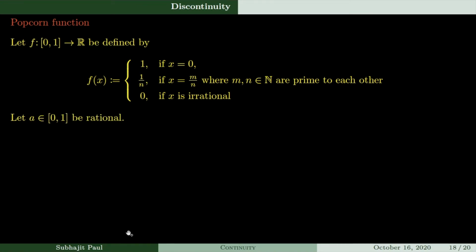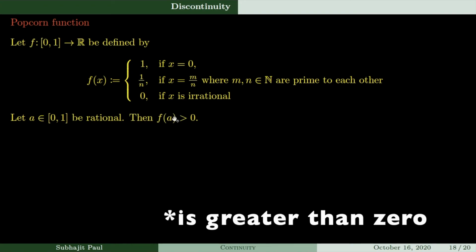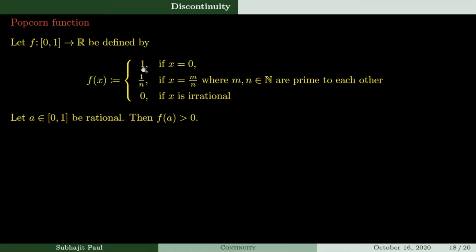So let a be any rational point in [0, 1]. Then f(a) is not 0, because at rational points it is something positive, 1 upon n, and at 0 it is also 1, so it is strictly positive. For every rational point, the functional value is strictly positive. So it is the popcorn which, after it pops and jumps out, is always at a positive height.